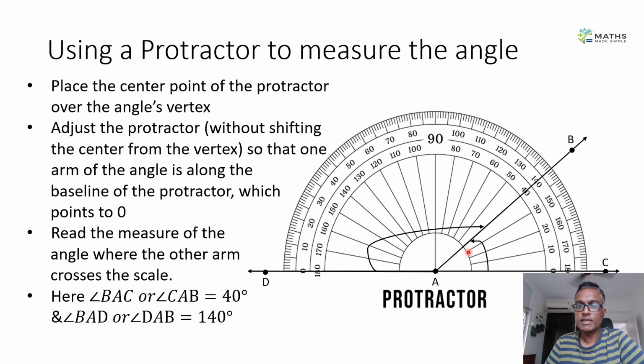And here we can see that ray AB crosses the 40-degree line, which means angle BAC is equal to 40 degrees. Similarly, measuring angle DAB, angle DAB is equal to 140 degrees.